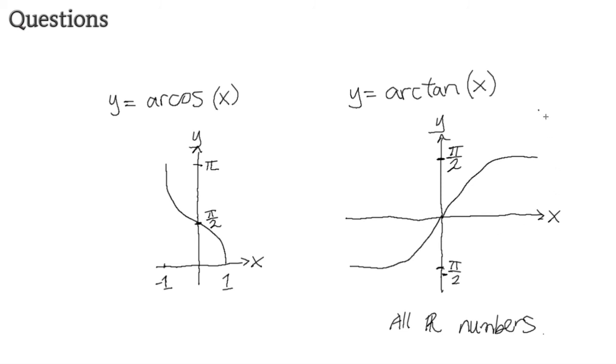Also, 3 pi on 2 is the same as minus pi on 2 anyway, because it's a 2 pi cycle.